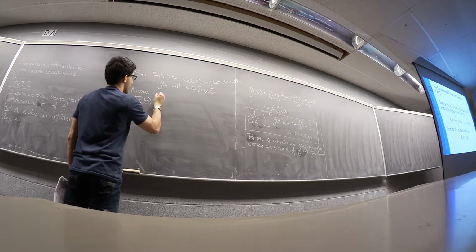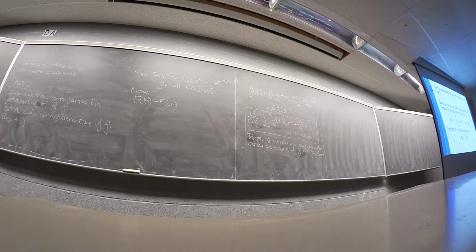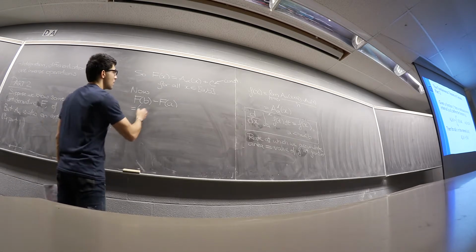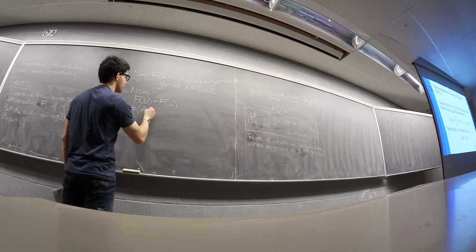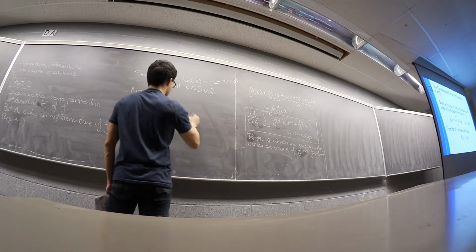What happens if I subtract the values of the antiderivative at b and a? Just plug into that, at b, at a.